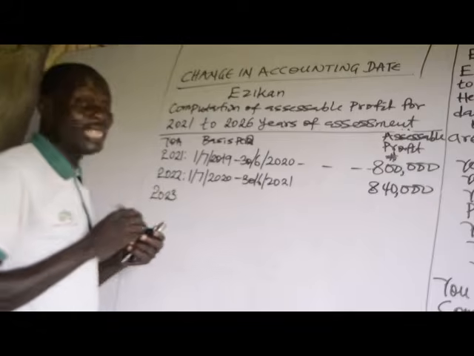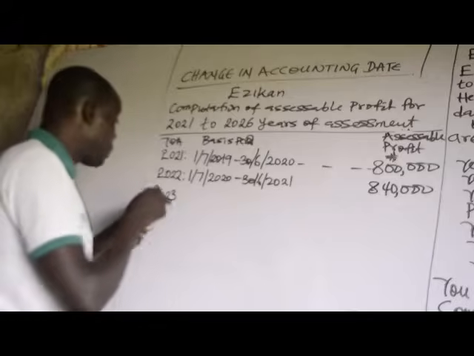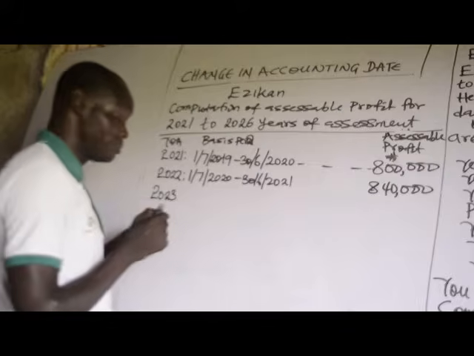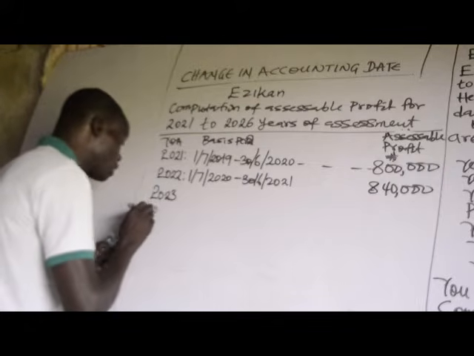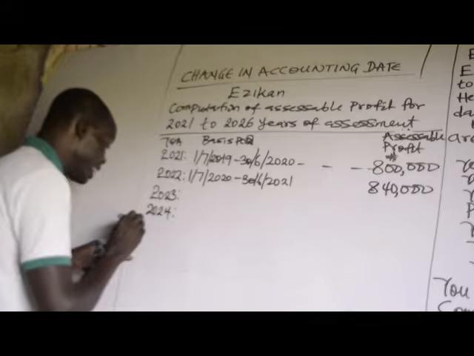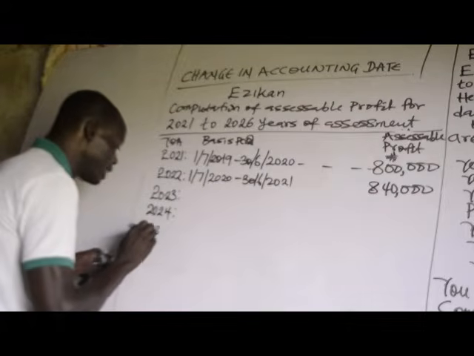Then 2023. 2023 is the year of change. You are going to apply the principles for changes in accounting date for 2023. The two other subsequent years will be 2024 and 2025.